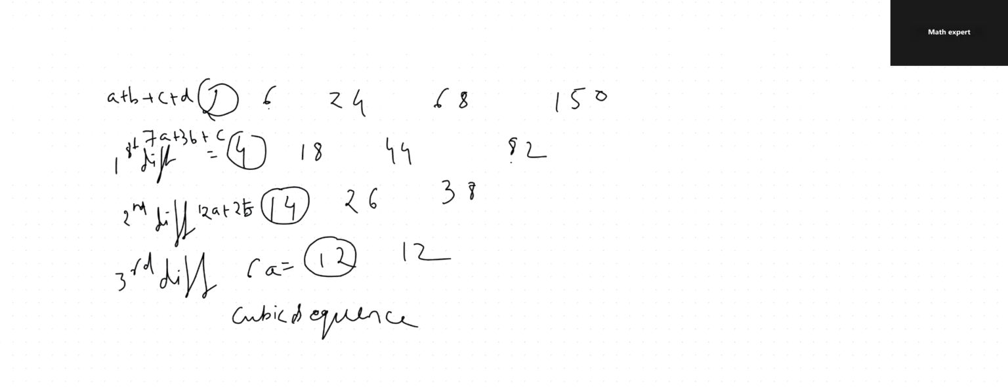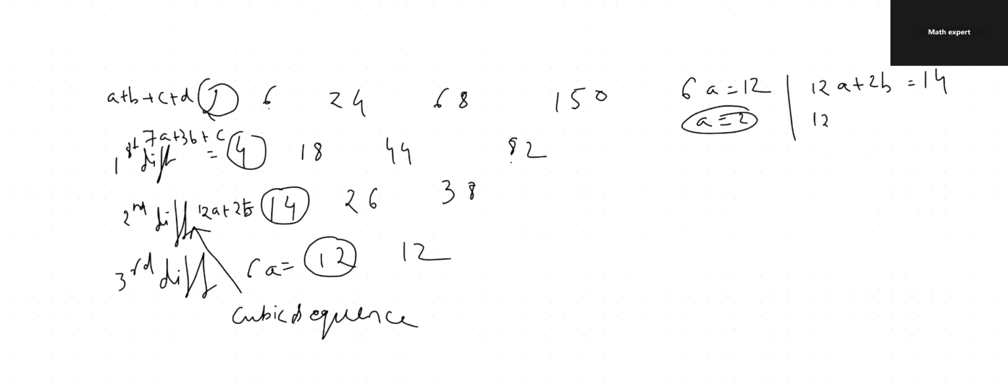So 6a is equals to 12. So here where you're equating and you're going from down to up. So 6a is equals to 12. So a is equals to 2. Next, you will equate 12a plus 2b to 14. So you will substitute a as 2. So 12 into 2 plus 2b, which is equals to 14.